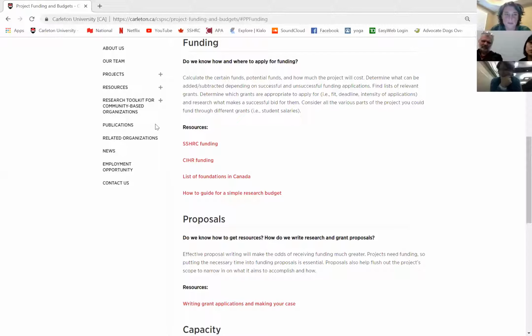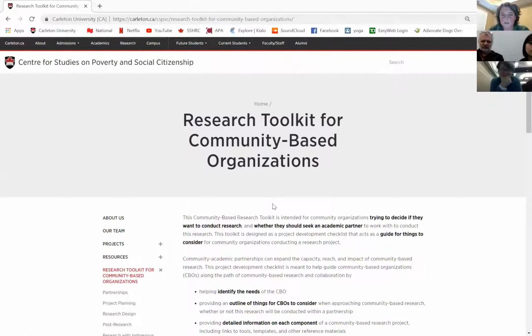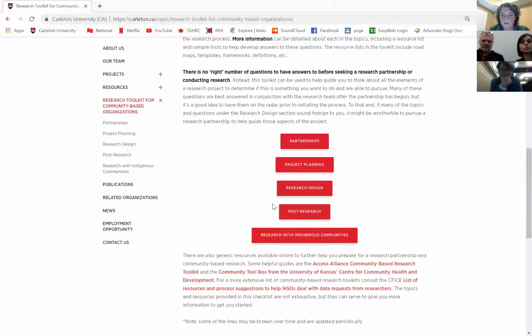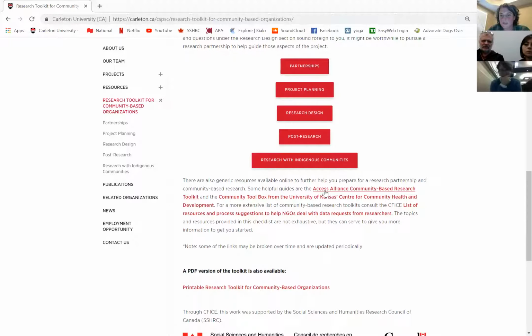Oh wait, there's a clarification. I meant who else has these tool guides so we can market it and find the niche. There is actually a section in the tool, I'll bring it up, where we do mention in the introduction section some other tools. So there's an Access Alliance community-based research toolkit.